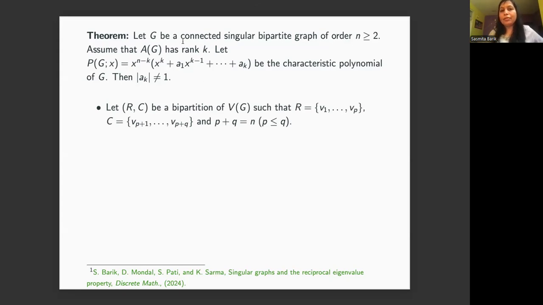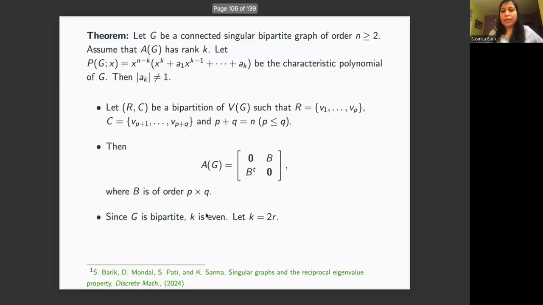Here the proof is done because you have taken a bipartite graph. So I took a partition R and C, and then your matrix can be written in this way: B transpose, 0, 0. Your first part contains P vertices and the second part contains Q vertices, which I am assuming. Then since G is bipartite, k is even, so I am assuming that k is 2r.